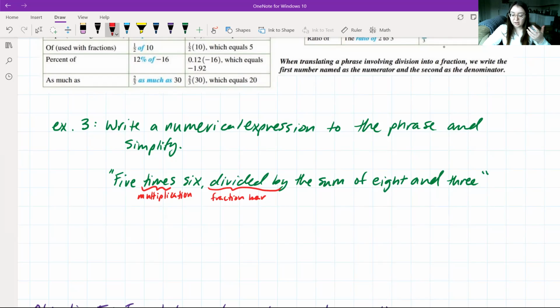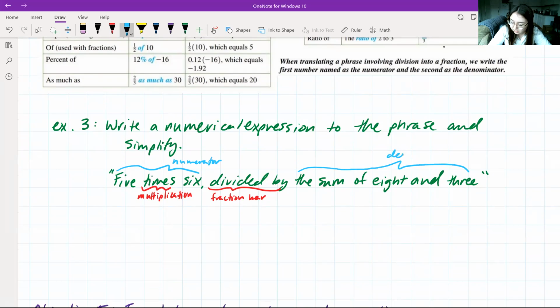Now we have the sum of 8 and 3. If we're using this fraction bar, this also means that 5 times 6 is our numerator, and the sum of 8 and 3 is our denominator.